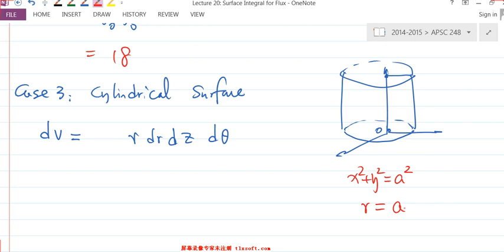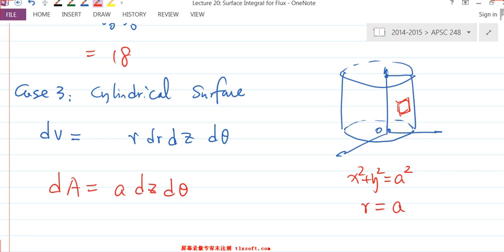So you're only interested in the surface of the cylinder. The r here is not going to be part of the integration, which means dA will be, what would that be? You're looking for a small patch on the surface of the cylinder: a dz d theta, because dr is gone and r turns into a.